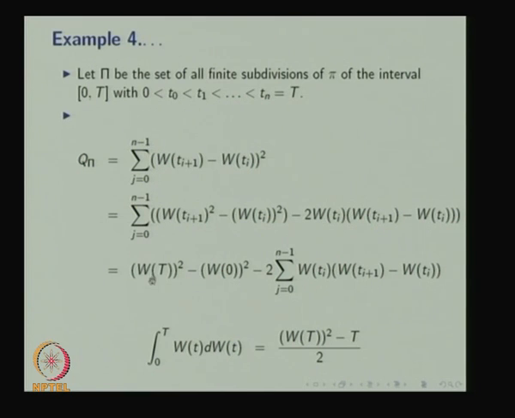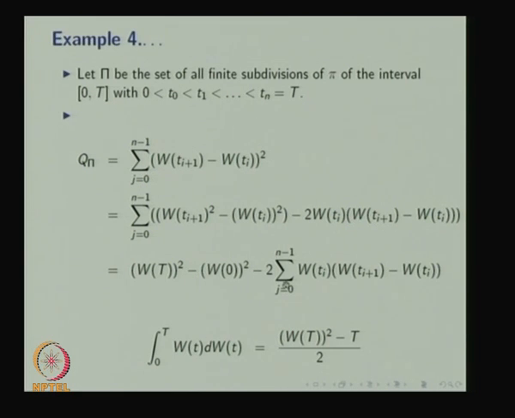Therefore only the first term remains, the second term is 0, and the third term is the unknown, which is the integral I(T). So capital T equals W_T squared minus 2 times the integral.